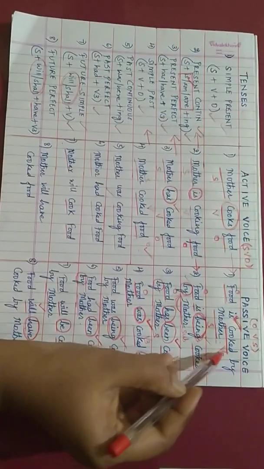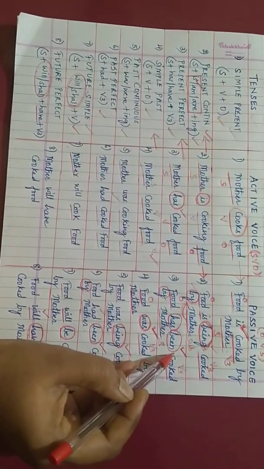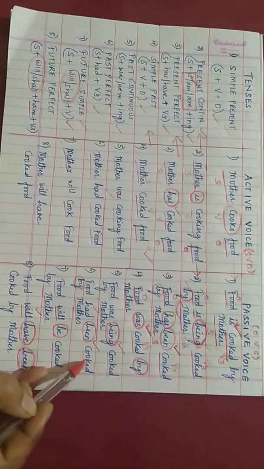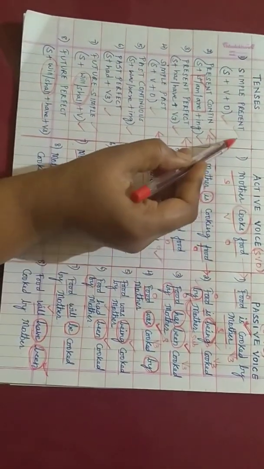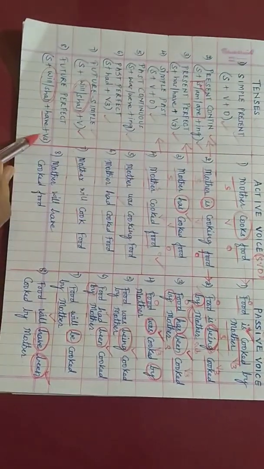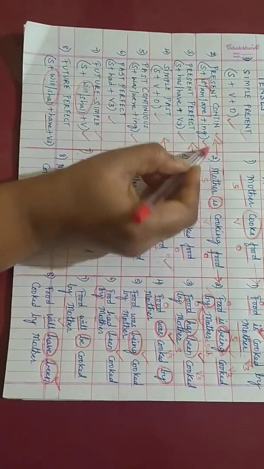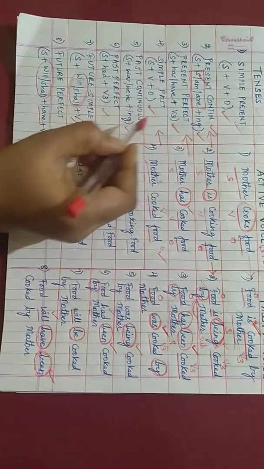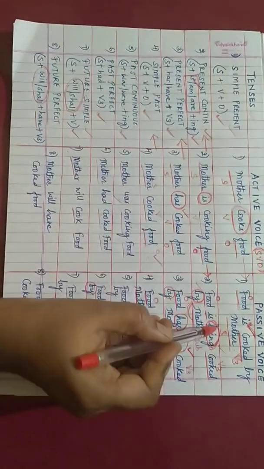Whatever rules you see over here, the same rules will be applicable even for past and future tenses too. Now here you can see the 8 types of tenses, and these are the formulas which we are going to use in order to convert from active to passive voice.